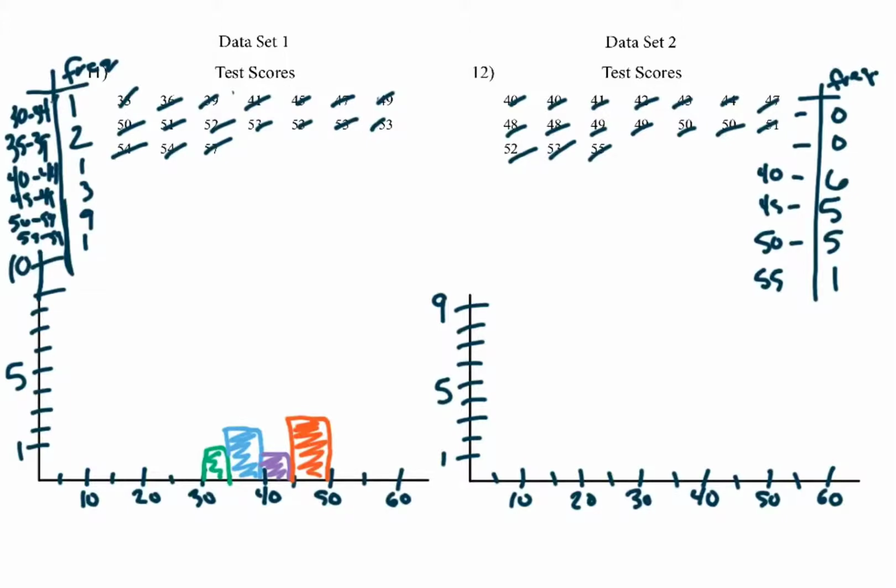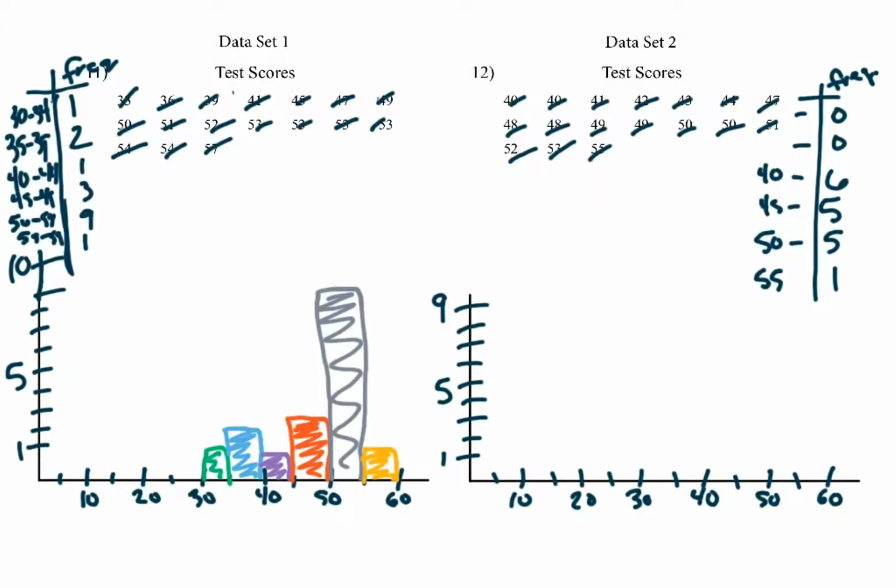Then we've got 50 to 59, or 50 to 54, sorry, which there's 9 of them, so that goes clear up to 9. And then finally 1 in this last category. Okay, so there's that one right there.